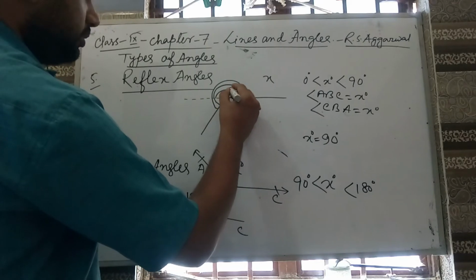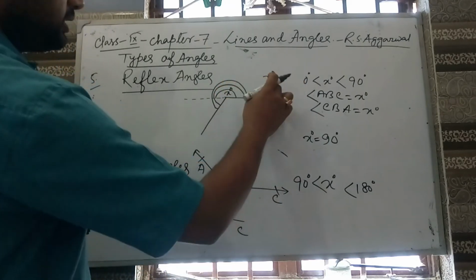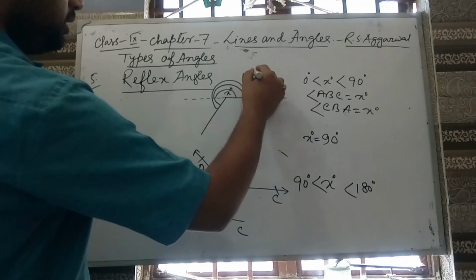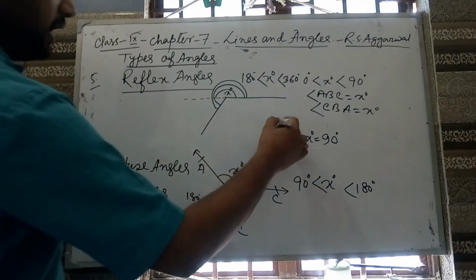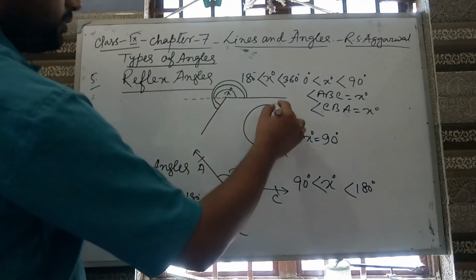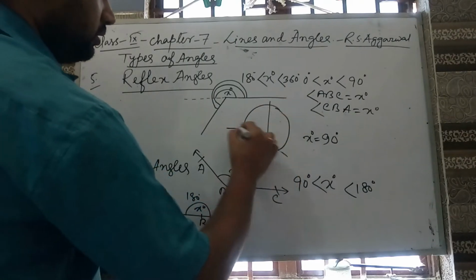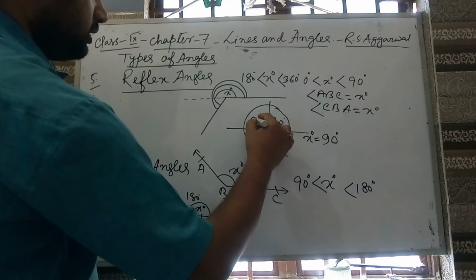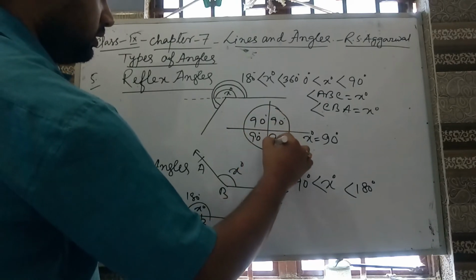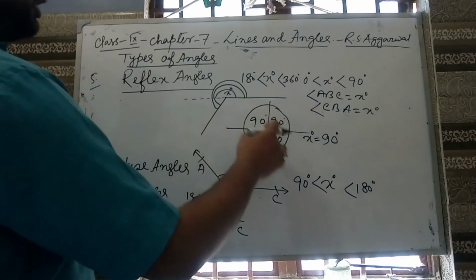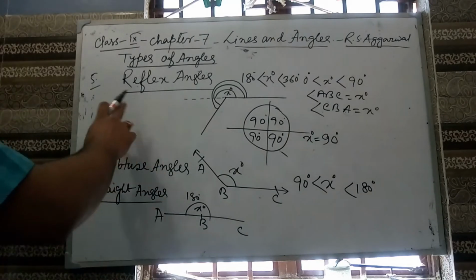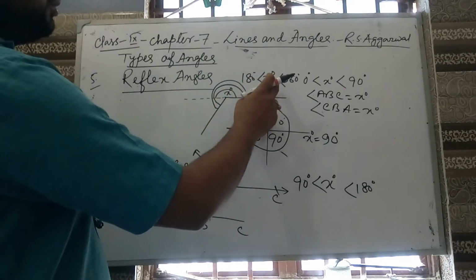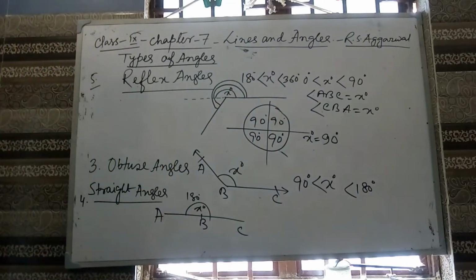If we consider this angle to be x, then it is greater than 180 degree but less than 360 degree. 360 degree means a complete circle, a complete angle. This is 90 degree, this is 90 degree, this is 90 degree, this is 90 degree. So 90 into 4 gives you a complete angle. So for a reflex angle, the value will be greater than 180 degree but less than 360 degree.